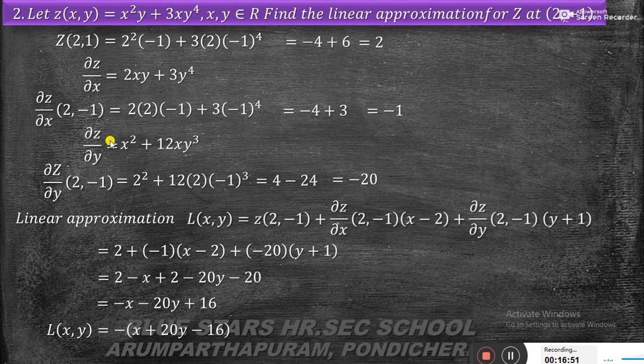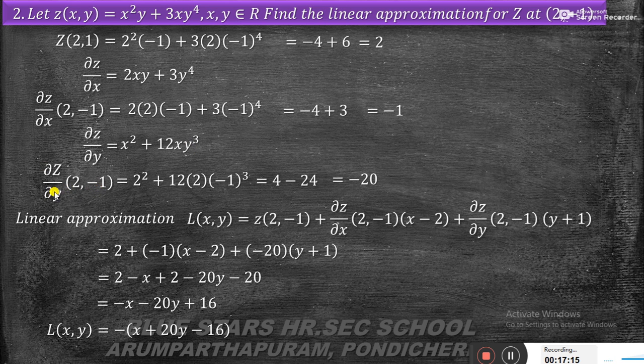Next we calculate ∂z/∂y. So ∂z/∂y means you differentiate z with respect to y on both sides. So ∂z/∂y equals x squared into the derivative of y, which is 1, so x squared, plus 3x into the derivative of y to the power 4, which is 4y cubed. So 4 threes are 12, 12xy cubed. Now ∂z/∂y at the point 2 comma minus 1.